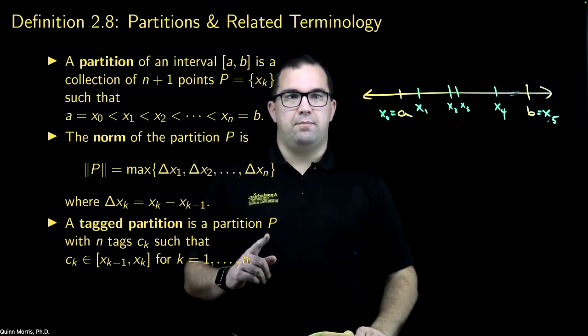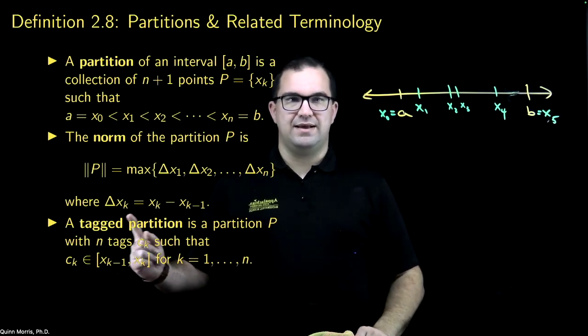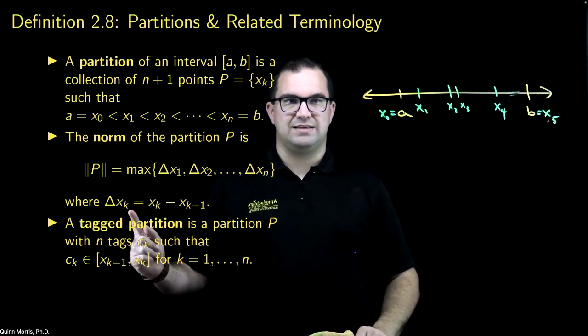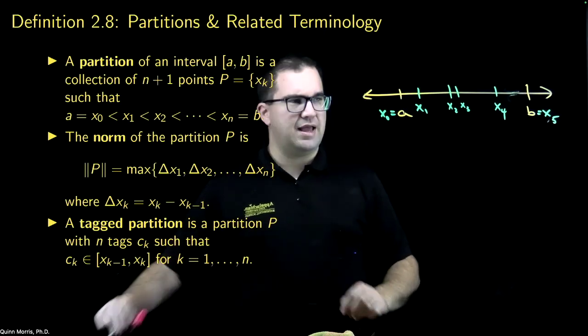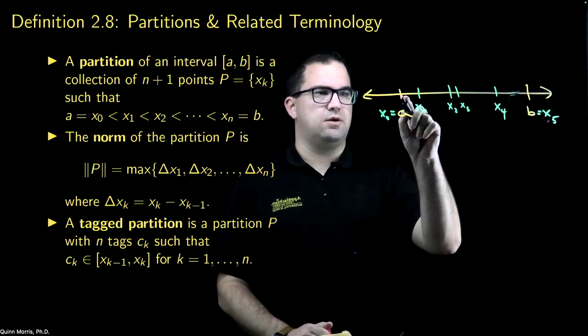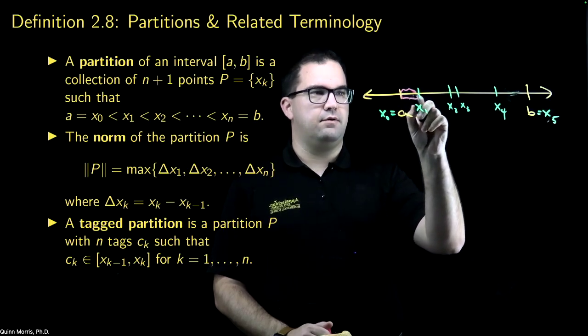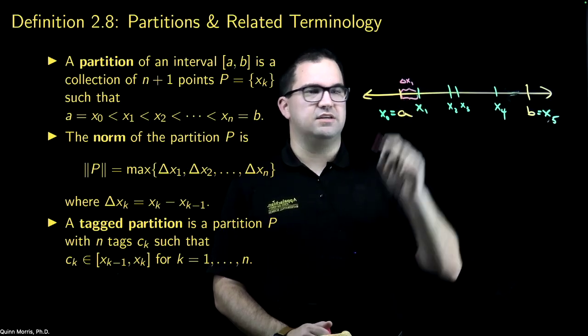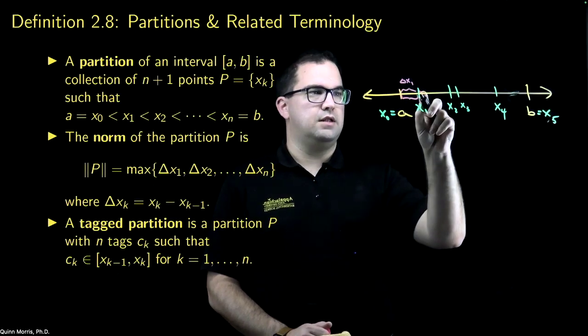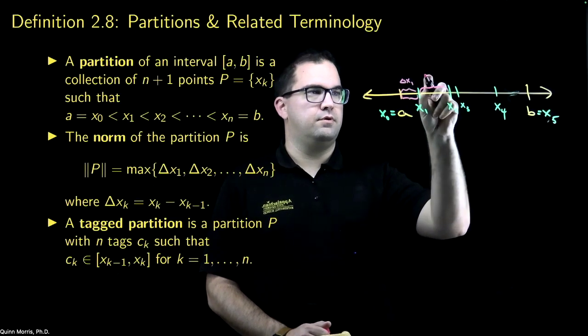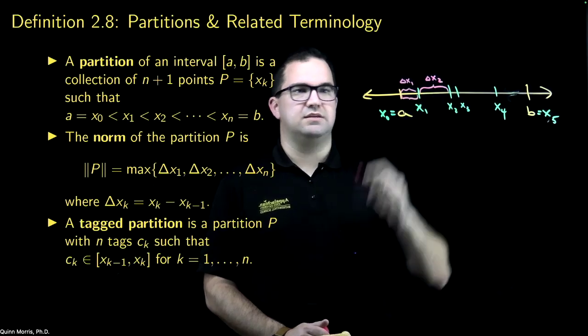What the norm of the partition does is, first of all, it defines these quantities delta x sub k. Delta x sub 1 is just the length of this first subinterval. Delta x sub 2 is the length of this second subinterval.